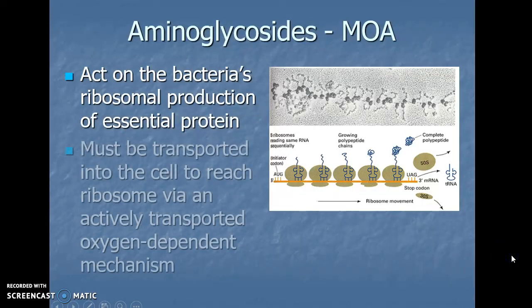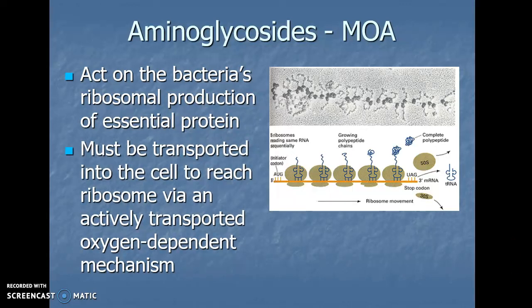So the reason why they are only effective in aerobic situations where we have air is that the main mode of action is that they act on ribosomes and affect the production of essential proteins. In order to get to the ribosomes, if you remember, ribosomes are on the inside of the cell. They're inside of the cell wall and the cell membrane.